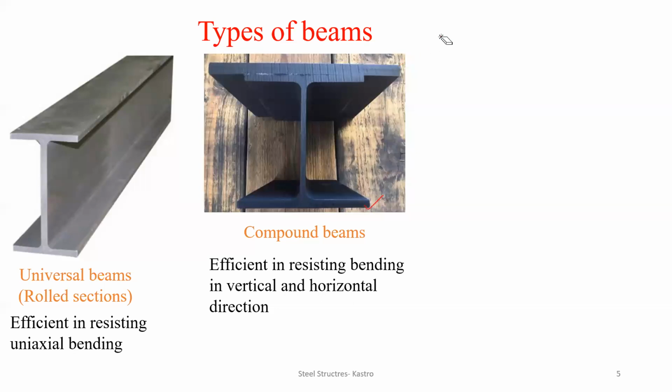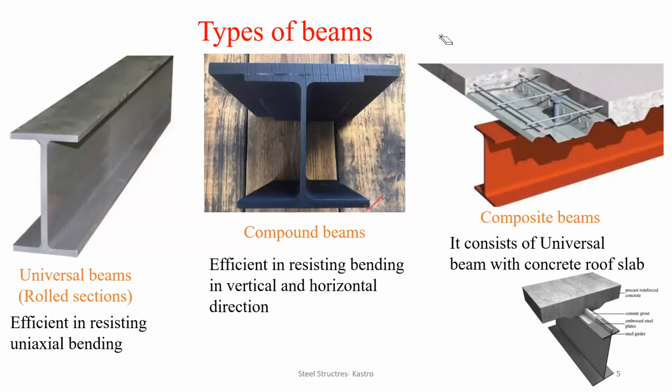And the last one is the composite beam. A composite beam is a beam which is a combination of a steel structure as well as a concrete structure. Here you can see you have the steel I section which is provided, and you also have the concrete which is placed on the top of the member. So composite beams are the beams which are provided in conjunction with two different materials, that is concrete and steel.